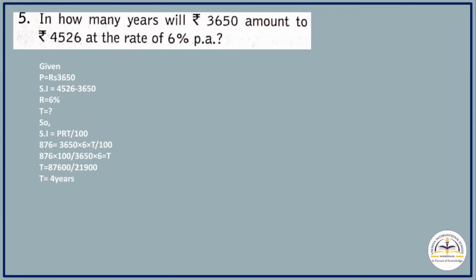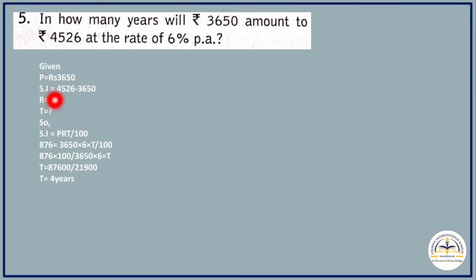Now question number 5. In how many years will rupees 3650 amount to rupees 4526 at the rate of 6% per annum? Now here the principal is given, that is 3650.